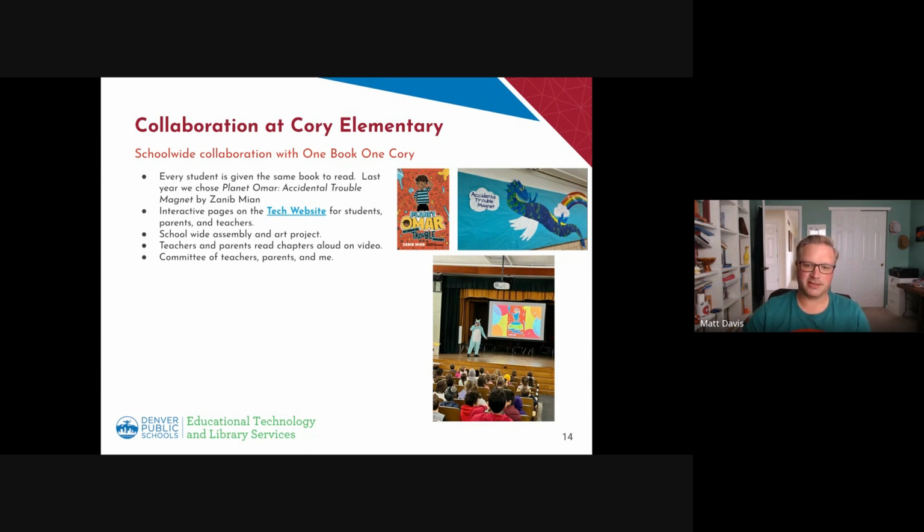Each kid did their own window or mirror about what they saw themselves in the story, or if they saw somebody else in the story. We had a kickoff assembly where I dressed up as a giant blue dragon. That's me in the picture there. Each kid got a tiny dragon from Amazon, which was part of our budget too.